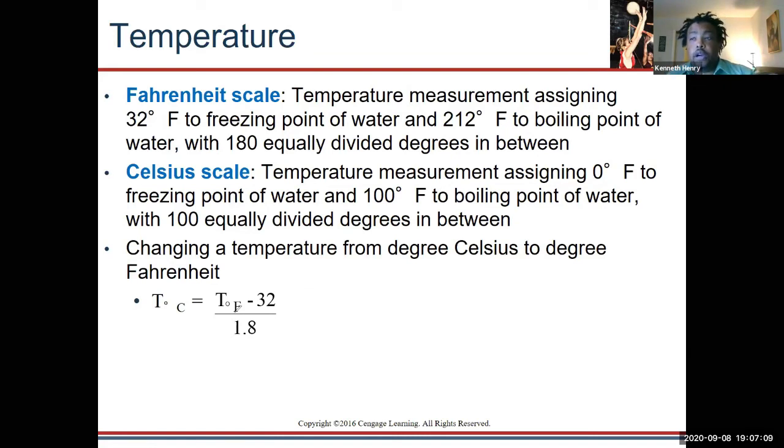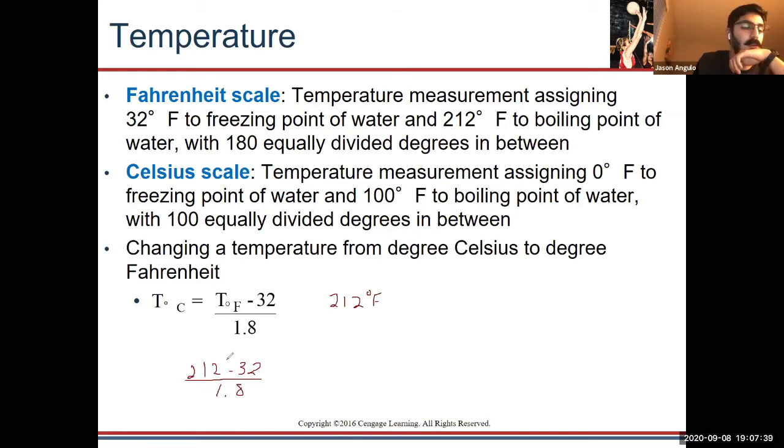So we know that water boils at, for us, 212 degrees Fahrenheit. So how much is that in Celsius? We plug 212 into this. What are we getting? 212 minus 32 over 1.8. So what is that going to equal up top?